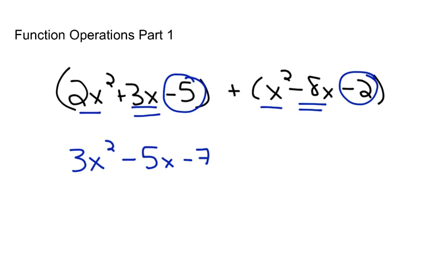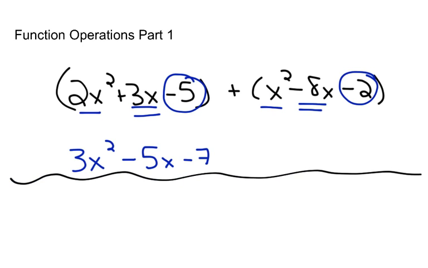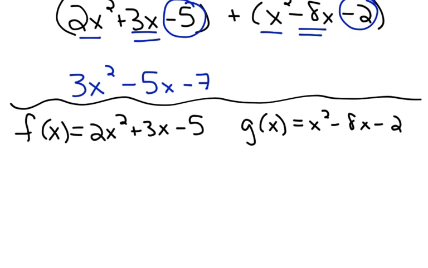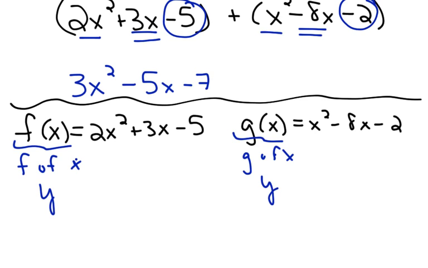Well, now I'm going to change this problem just slightly, and I'm going to say f of x equals 2x squared plus 3x minus 5, and g of x equals x squared minus 8x minus 2. F of x and g of x are just other representations for y. They're the output of a function as opposed to x being the input.